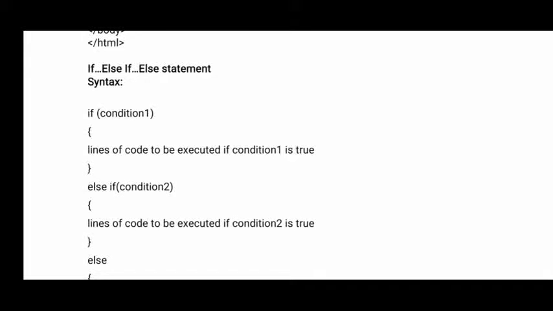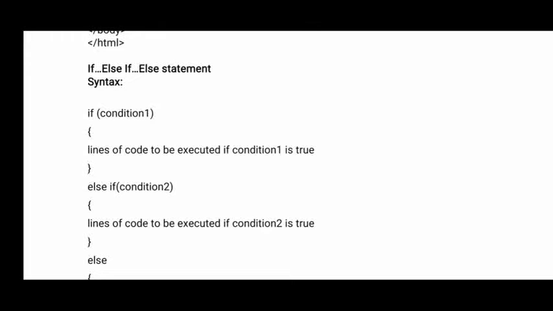In the previous example I just explained, if the condition is true, one block is executed, and if the condition is false, another block is executed. But in some cases, if the given condition is false and more possibilities are there, then in the else part also we have to check a condition.